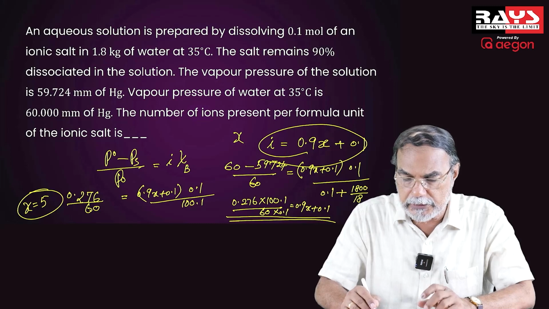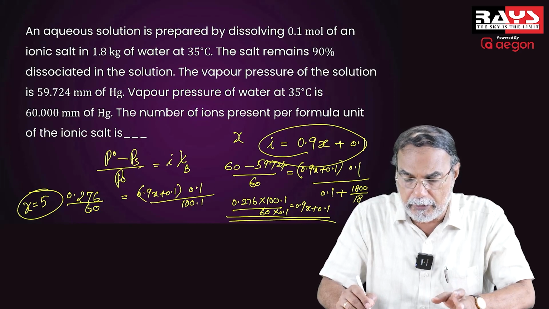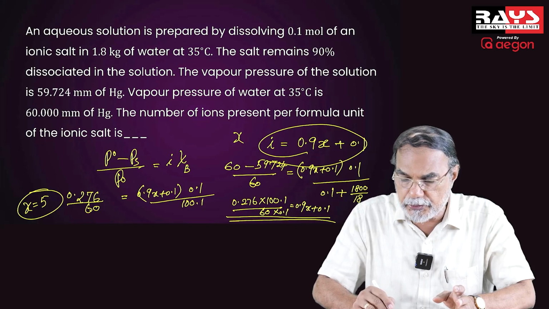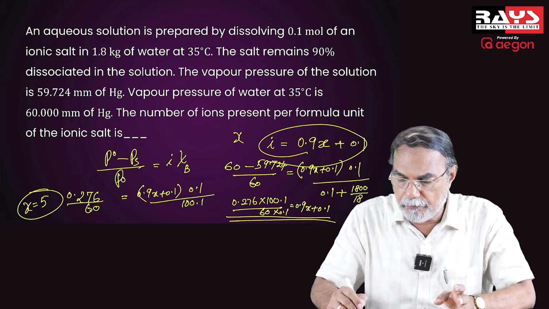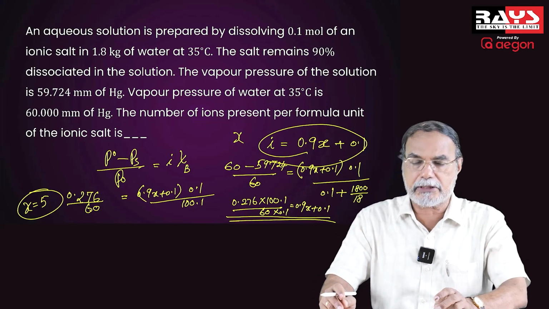Mole fraction of the solute is the number of moles of the solute divided by the total number of moles. Total number of moles is 100 plus 0.1, that is 100.1, and for purpose of calculation, you can take it as 100 itself. So 0.276 into 100, that is 27.6 by 60, is equal to 0.9x plus 0.1. You can solve and get the value of x.